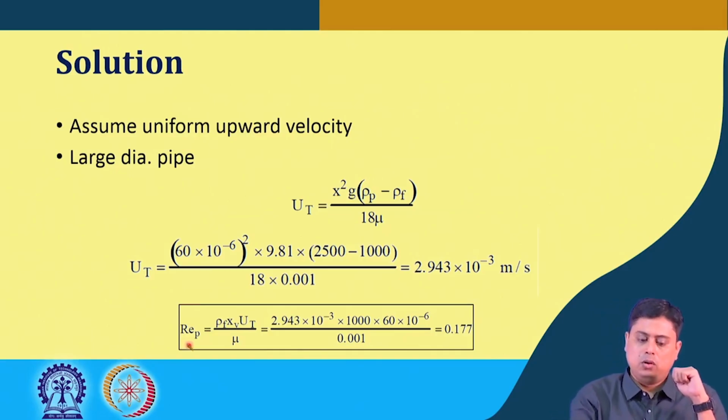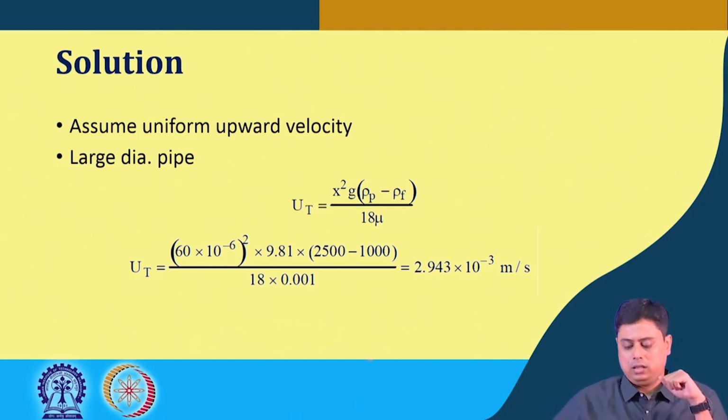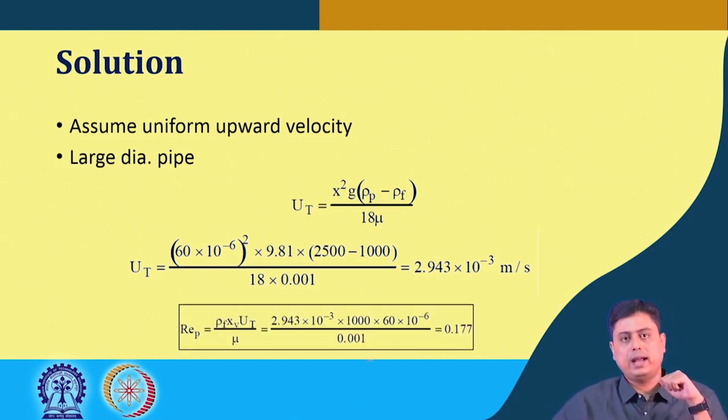So, this would be the last stage: you have to justify your assumption of applying Stokes law here by recalculating this Reynolds number and showing that it is indeed in the range of application of Stokes law.